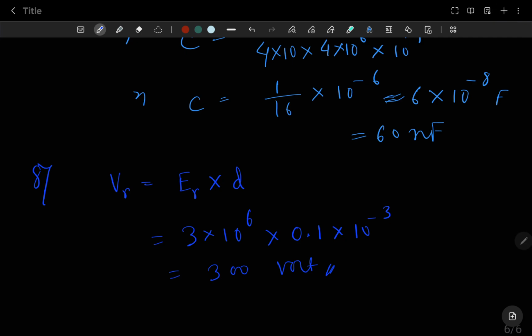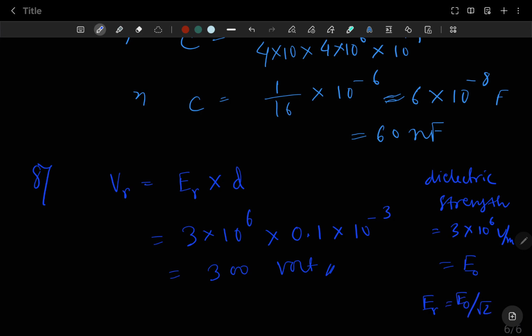Here in this problem number 8, it is given the dielectric strength to be 3 into 10 to the power 6 volt per meter. So actually this is the amplitude of the oscillating electric field, right? So actually this is E0. So in order to find E R, it will be E0 by root 2, right?